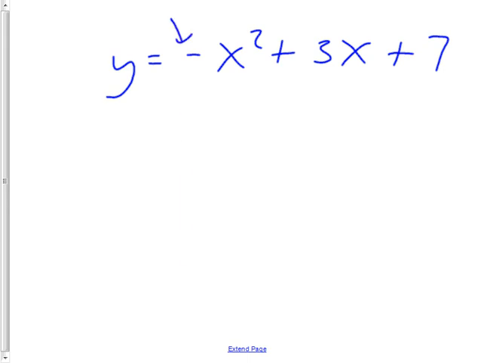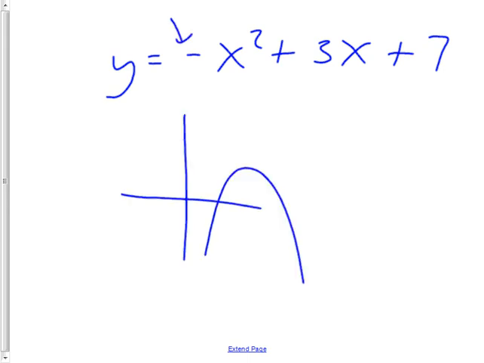So if I give you one, here's one. I'm not asking you for the y-intercept, and I'm not asking for the vertex. I'm just asking, would the vertex be a minimum or a maximum spot? Yep, because this negative means I got an upside down parabola.